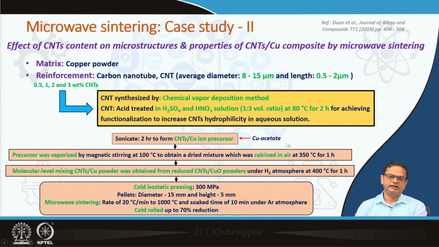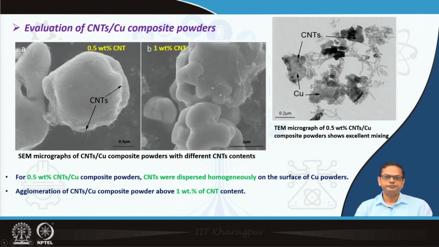All right. Now let us look at the powder mixture first, and then we will see the compact. Again, two cases have been shown here, 0.5 weight% and 1 weight%. If you look at this TEM image, it shows how nicely and homogeneously the CNT particles and the copper particles are distributed together.